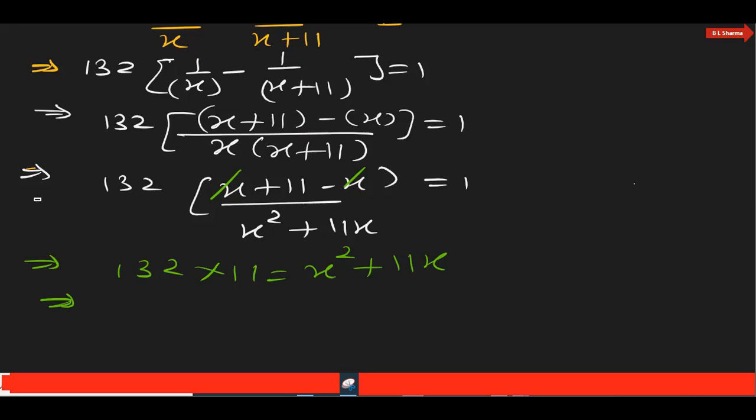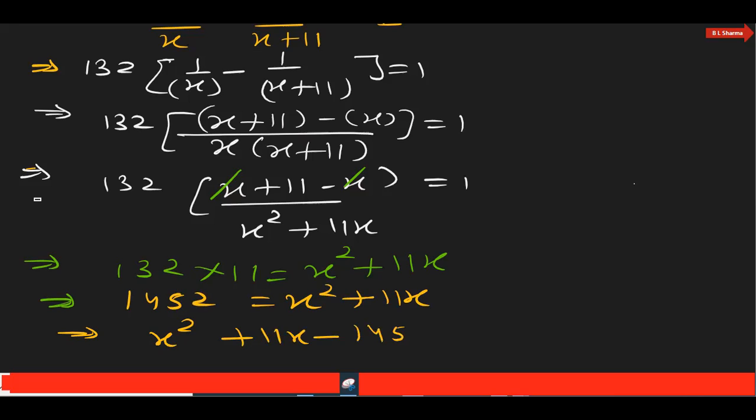That will be 1452 is equal to x square, or we can write x square plus 11x minus 1452 is equal to 0.